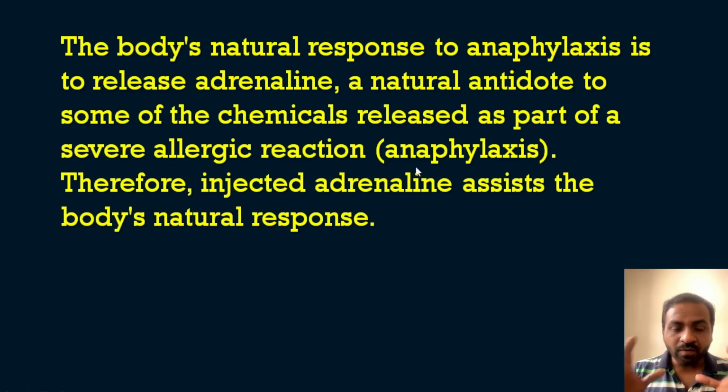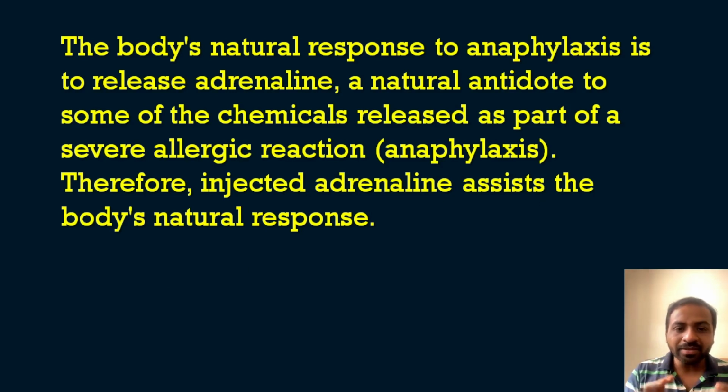Whenever a severe allergic reaction or anaphylaxis happens, harmful chemicals are released into the body, and the antidote for these chemicals is adrenaline. That is the body's normal response. So when there is a severe anaphylactic reaction, we can give adrenaline externally to combat these chemicals. Therefore, injected adrenaline assists the body's natural response.